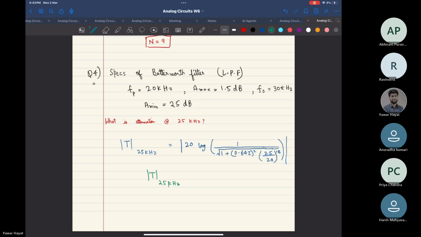Am I audible? Yes, sir. So can you please compute this one? Verify the answer, okay? I got 13.78 dB.